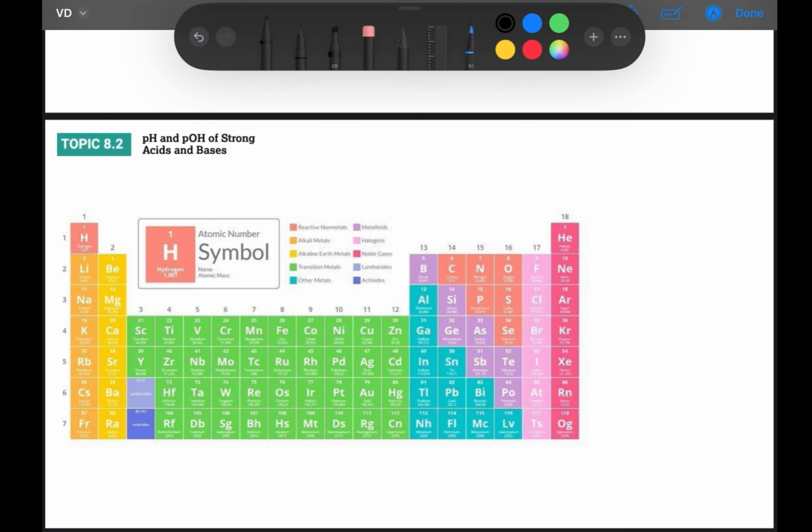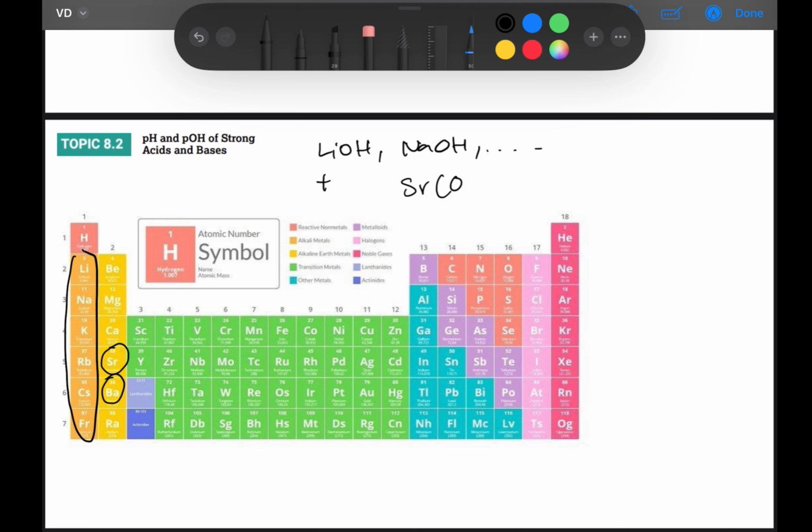So the main examples that you should keep in mind are group 1 element hydroxides, for example lithium hydroxide, sodium hydroxide, like generally the group 1 elements, they are good and strong bases, in addition to strontium hydroxide, barium hydroxide, Sr(OH)2, or for barium hydroxide, Ba(OH)2. So you should memorize all of these bases and just keep them in your mind.